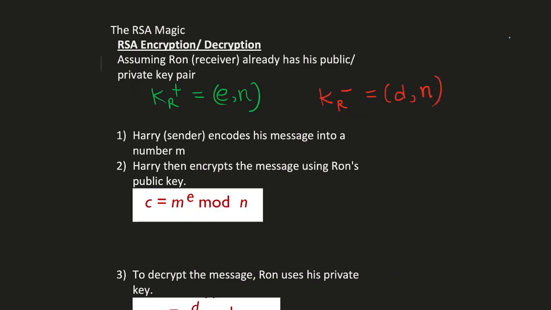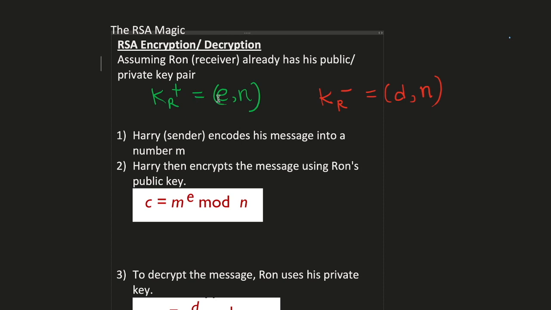All right, now that we know quite a bit, let's have a look at the RSA encryption and decryption procedure. Let's assume that Ron, the receiver, has already generated his public and private key pair, and he has publicized KR plus, his public key, and is keeping secret KR minus, his private key.